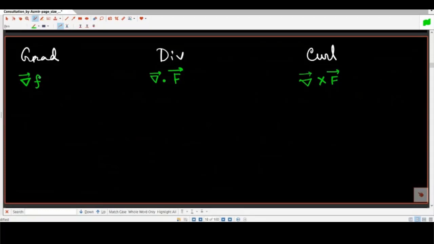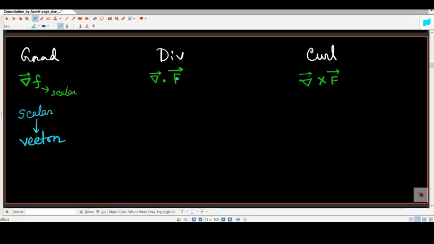In grad, the function that I have written here is not with an arrow sign. That means this function is a scalar function. So what is the action of gradient? Gradient converts a scalar function to vector. That means gradient converts this function to vector.